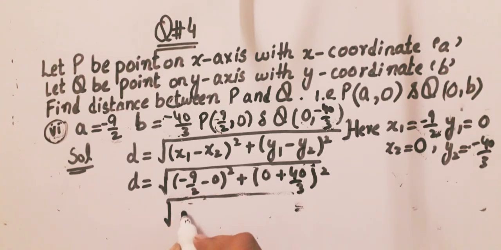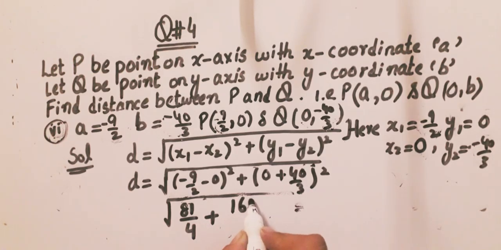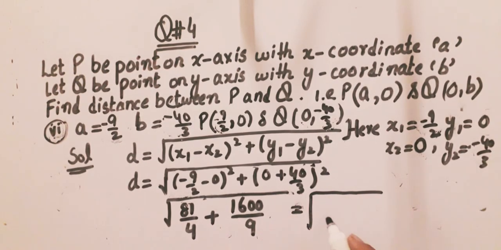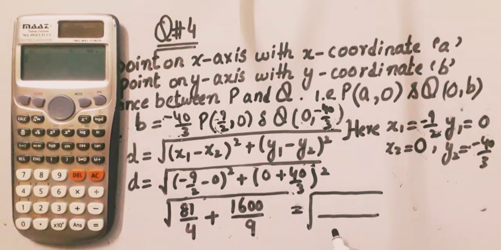So 9 square is 81 and 2 square is 4, plus 40 square is 1600 and 3 square is 9. Now by taking LCM, the LCM is 36.